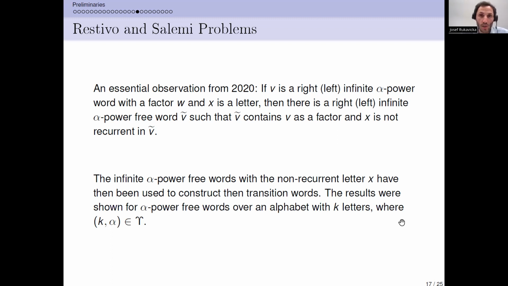Then, when I had these two infinite words, both with a finite number of occurrences of the letter x, I found another way to cut them and concatenate them to find the transition word. But that was then more or less easy. So this is the result that I presented in 2020.